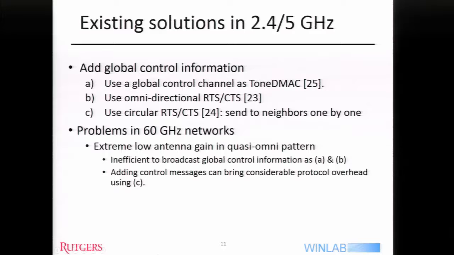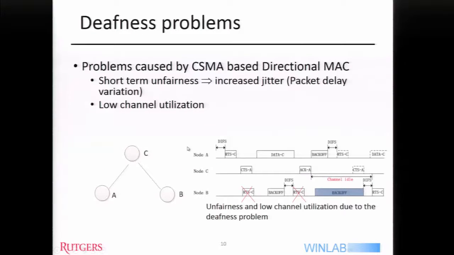There is some existing research on solutions in 2.4 and 5 GHz. The basic idea is to add global control information so that every node can know the status of others. But the problem you just presented is really no different from the classic hidden node problem. It's just made worse by the fact that the antennas are not listening in all directions. Yes, it's an exaggeration of the hidden terminal problem, and RTS cannot solve it because RTS becomes directional too.